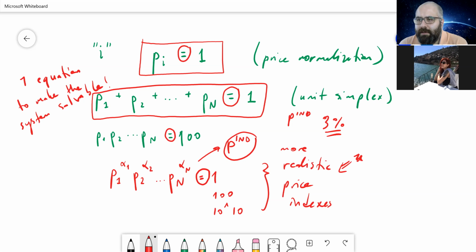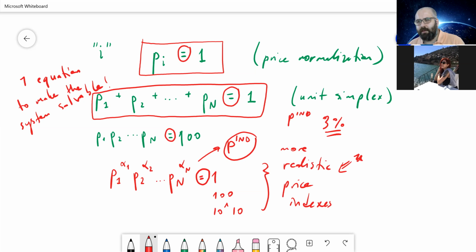So let me very quickly summarize what we did here. We defined an exchange economy, a pure exchange or endowment economy. We give people, and there are many people here, some commodities, and then they have some demand functions over these commodities, and they exchange these commodities with each other.